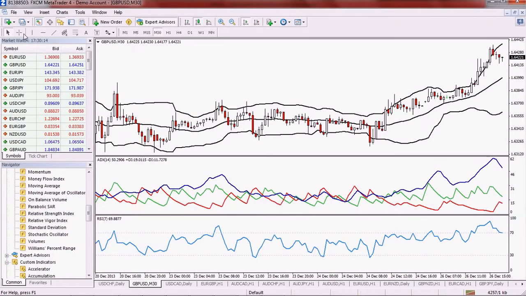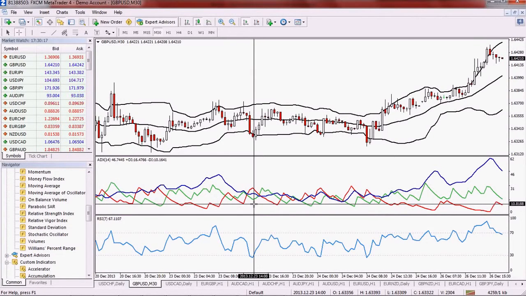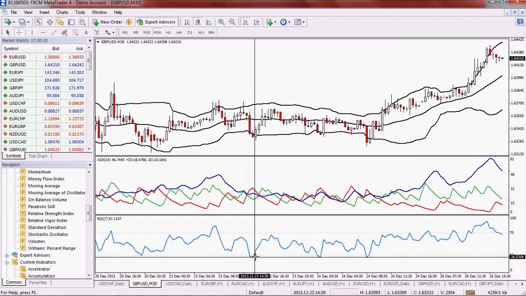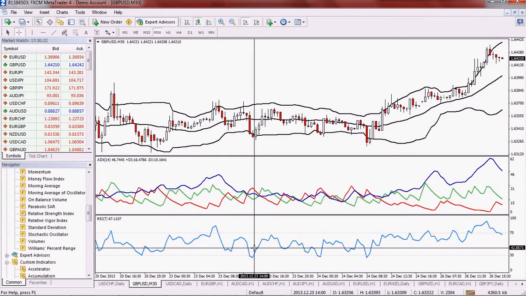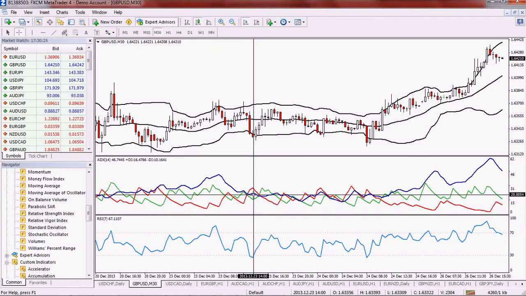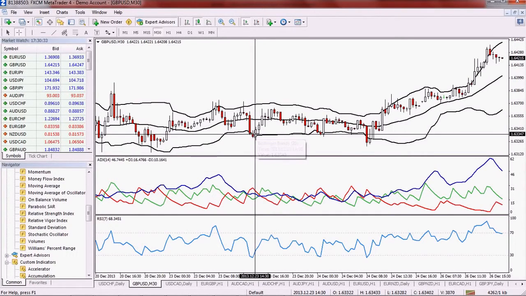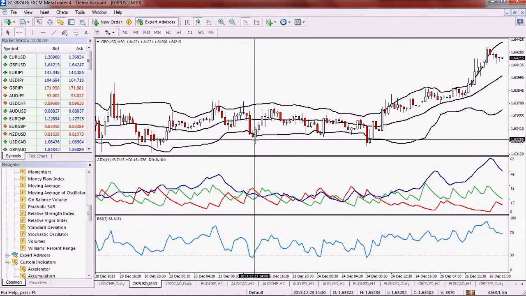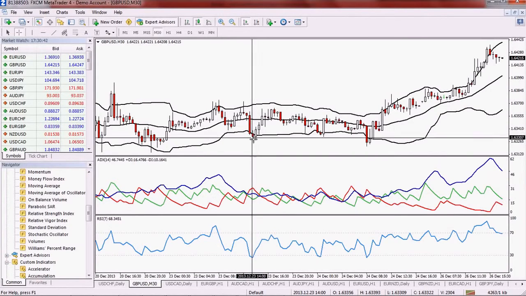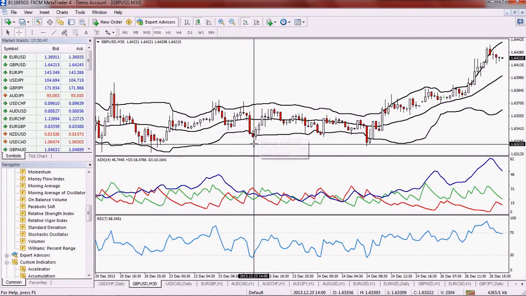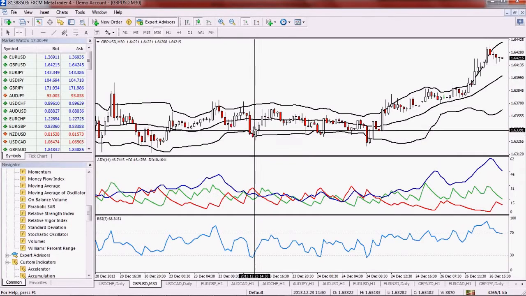If you see this point where the RSI indicator is crossing the 30 level from below, the actual ADX line value is 21, which is below 32. And on the actual chart, the candlestick should close below the Bollinger band. So these three entry criteria must be met for a long entry. Once these are met, you can enter trading for a long entry.